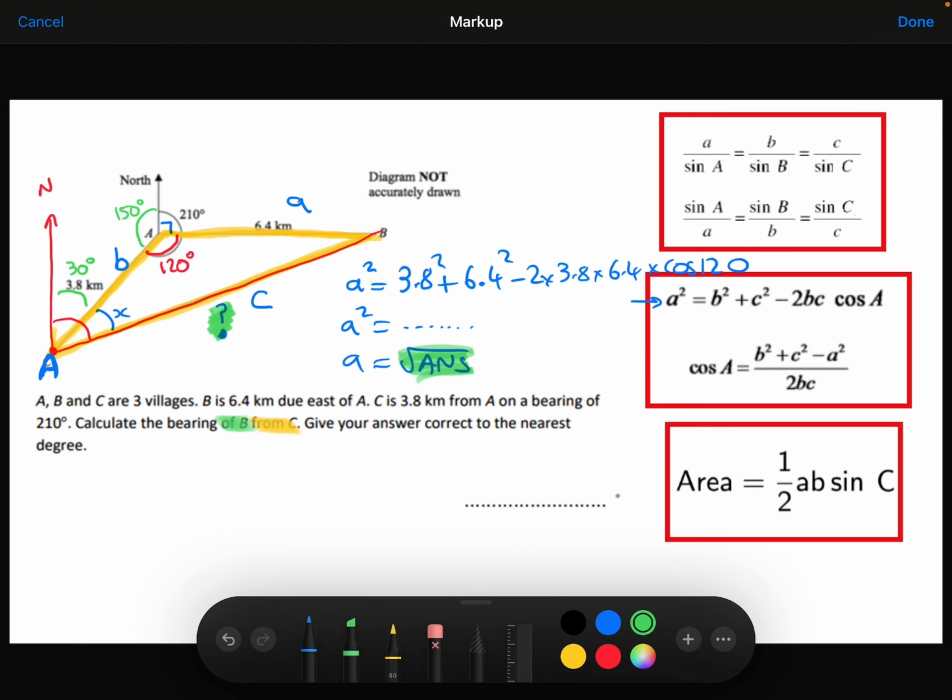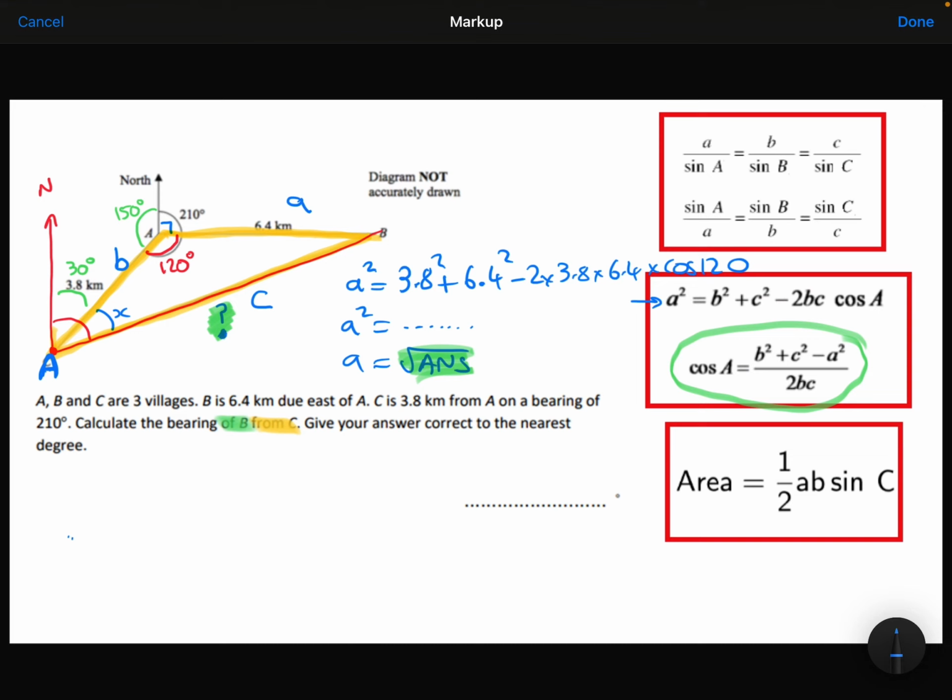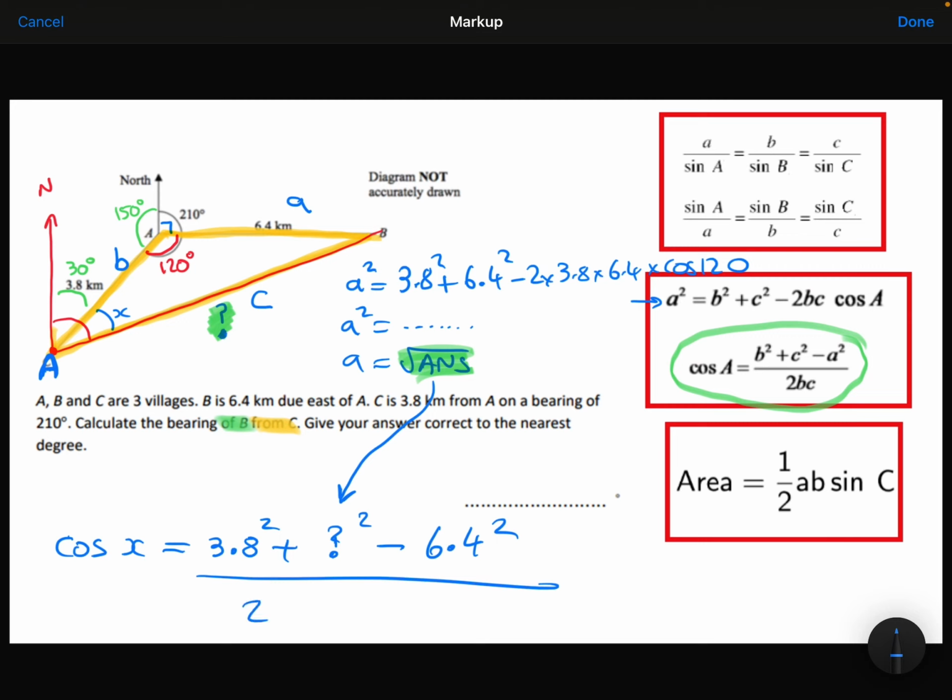And this time we're going to be using the angle version of the cosine rule. So we will say cos A, or in this case cos X, is equal to B squared plus C squared, where C is what I've just worked out, minus the A squared, all divided by 2 times B times C, which again I'll be using the answer from before.